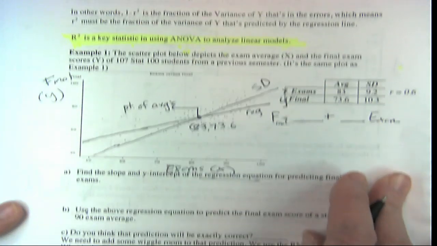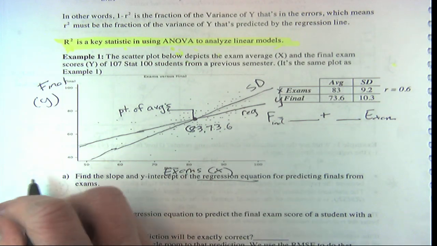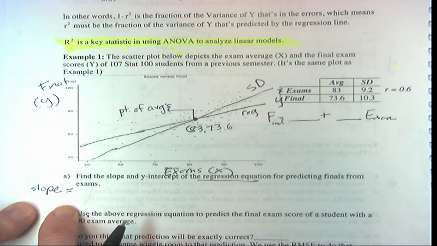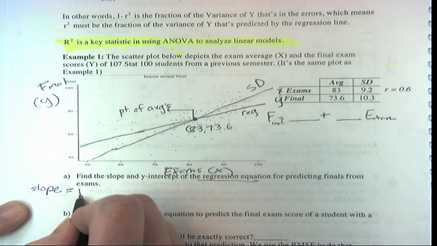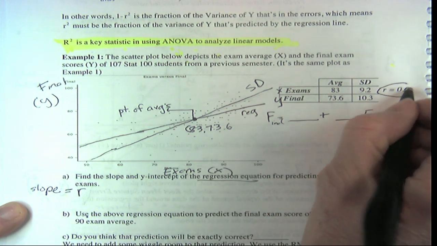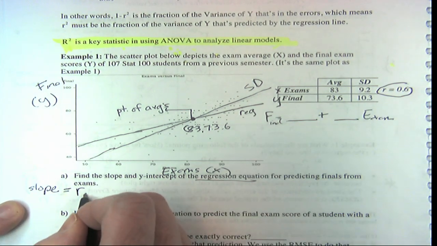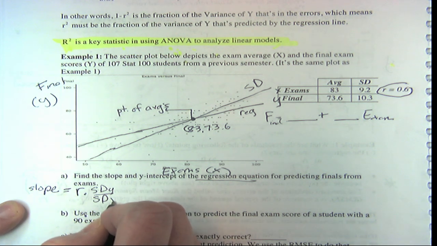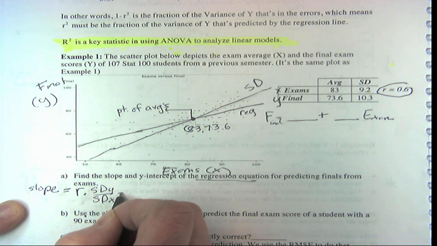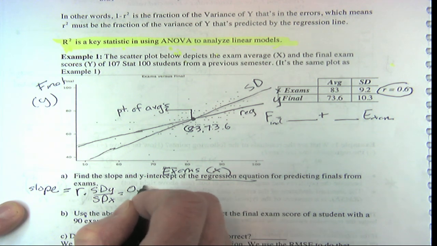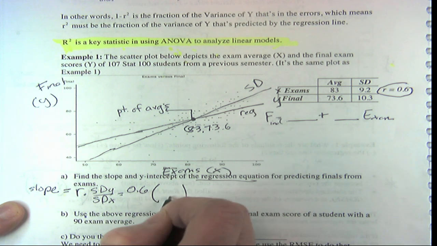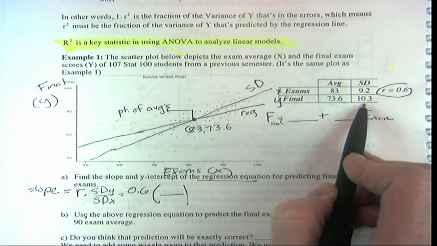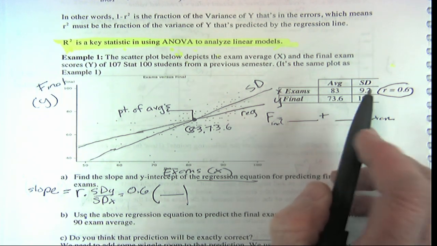And remember how you do that. The slope, we had this last time. You won't be given this, so please remember it. It's r, and you're given r right there, 0.6, times the ratio of the standard deviation of y over the standard deviation of x, rise over run. This is where you have to keep them straight. It's the standard deviation of y over the standard deviation of x.